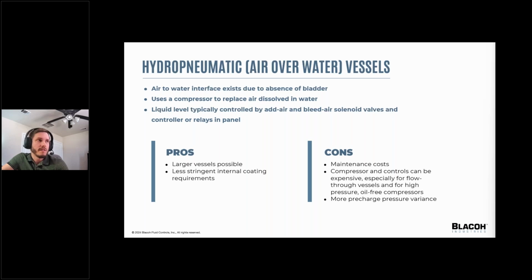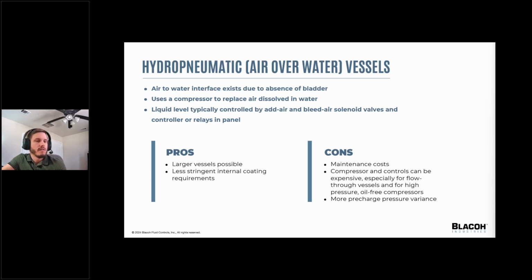So as with anything, there's pros and cons. Now that we have two vessel types, we'll primarily look at pros and cons from hydropneumatic to bladder vessels. With hydropneumatic, you can get to much larger vessels, assuming your compressor capacity can keep up with it.